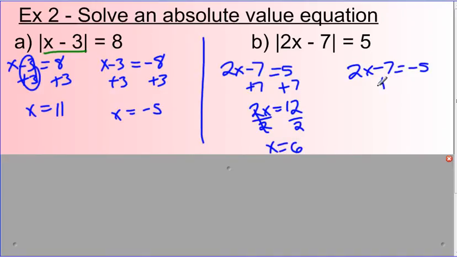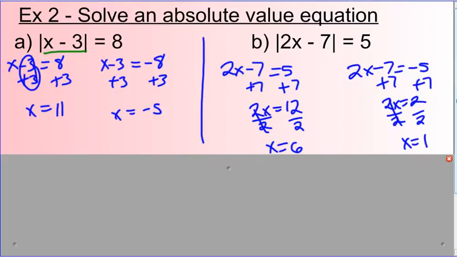And on this side, add 7, 2x equals negative 2? No, positive 2. Divide by 2, cancel, x equals 1. So if I plugged in a 6 here, this would work out. If I plugged in a 1 here, this would work out. Both 6 and 1 are possible solutions.